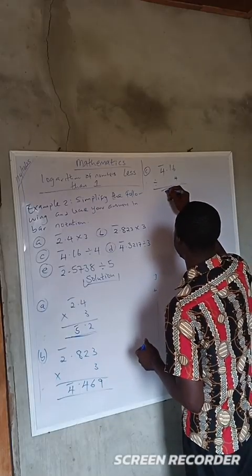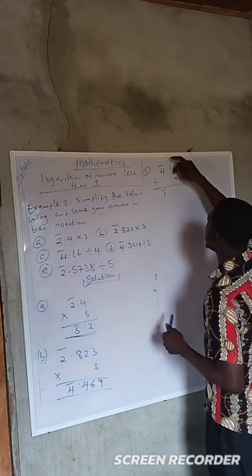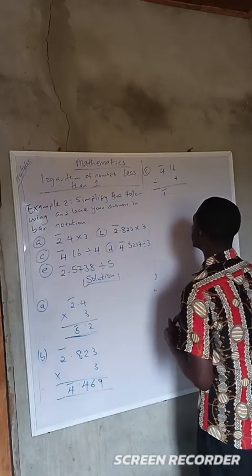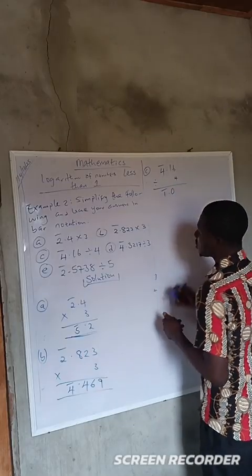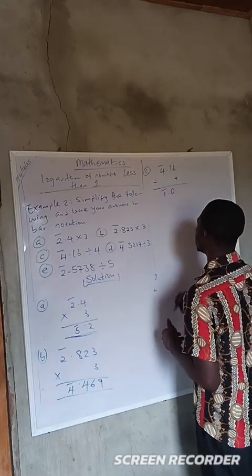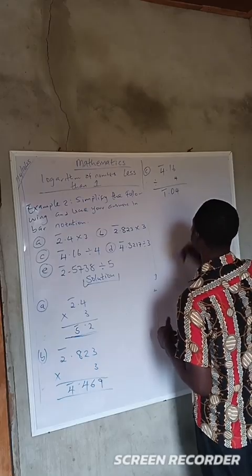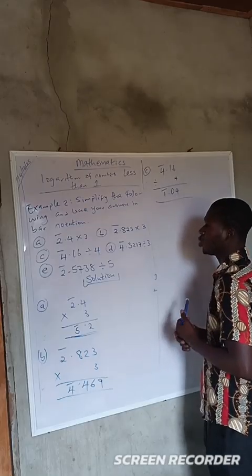You have bar 1 point. Then how many 4 can you have in 1? That's 0. Put the 1 in front of 6, you have 16. Then how many 4 can you have in 16? It is 4. Therefore, our answer to this is bar 1.04.